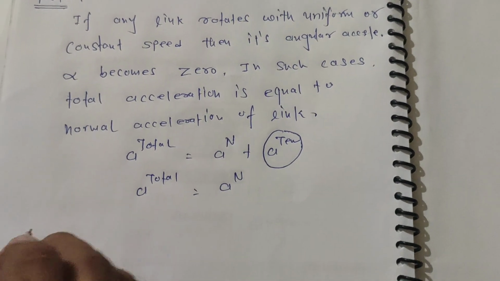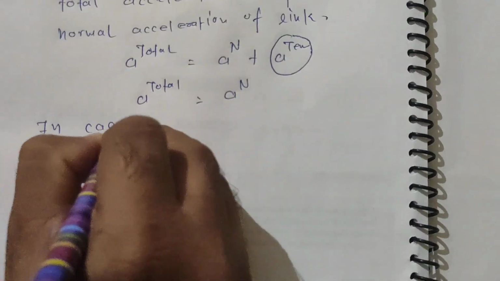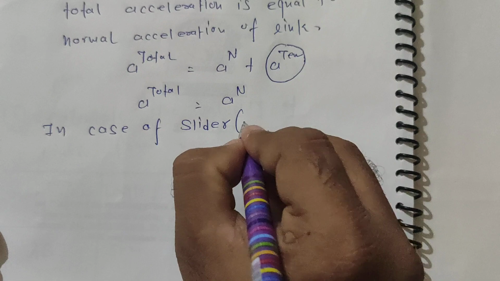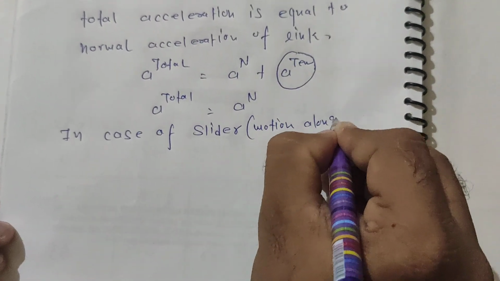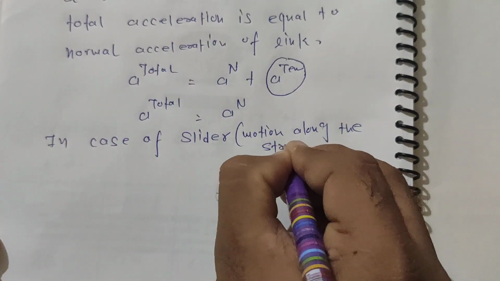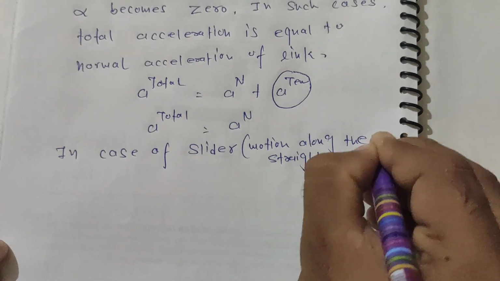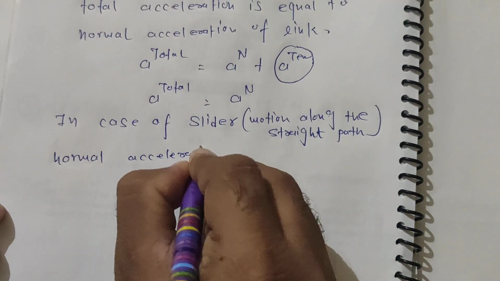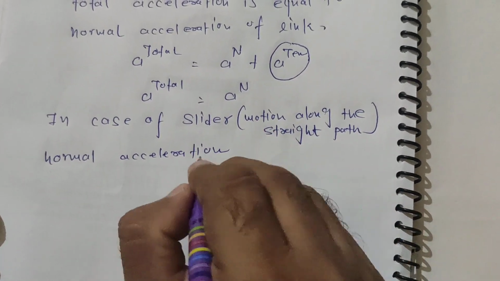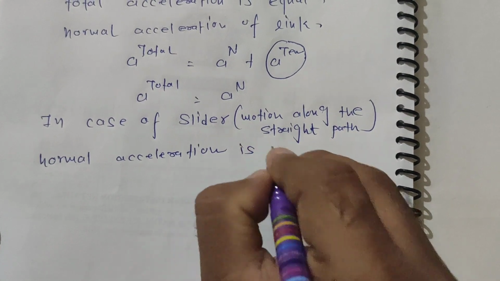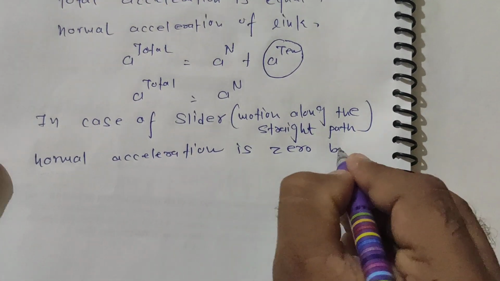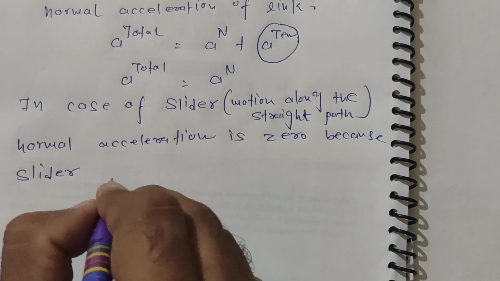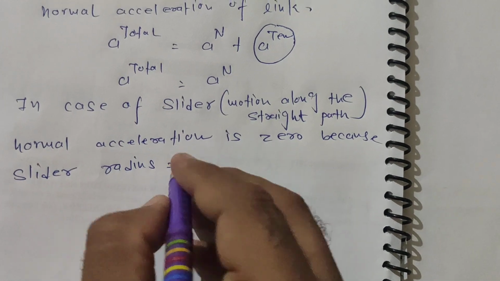Another point, in case of the slider, motion along the straight path, normal acceleration becomes 0, because the slider radius is infinite.